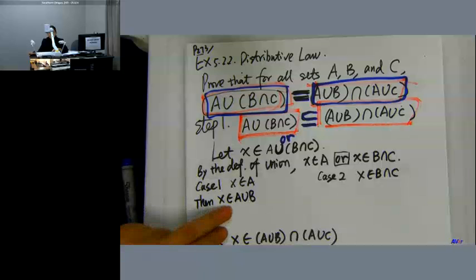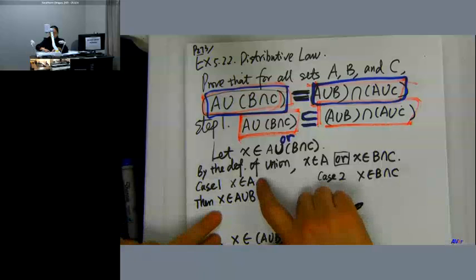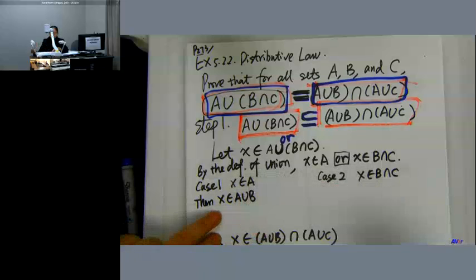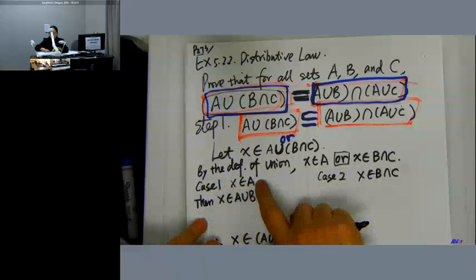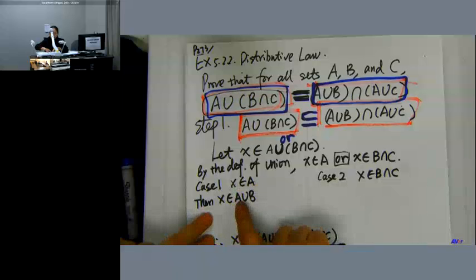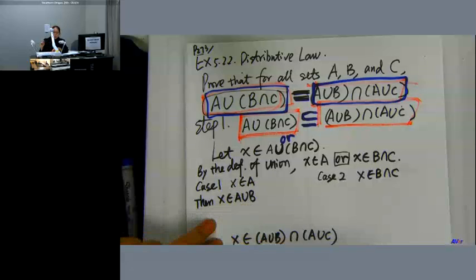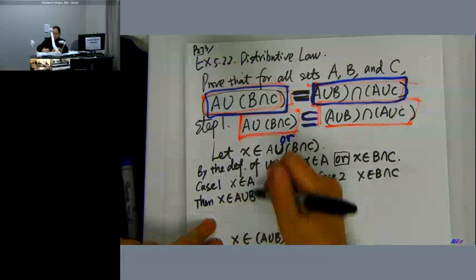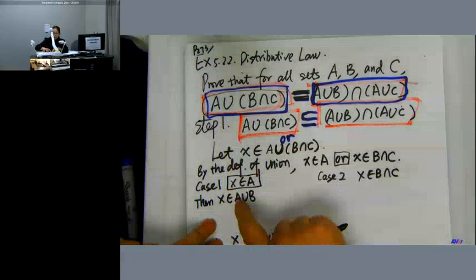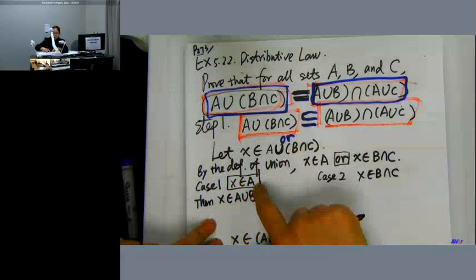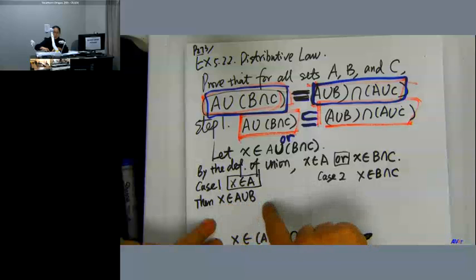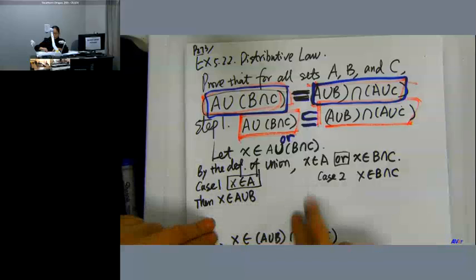Following from the case assumption, X is in A. That's the definition of union again. If X is in A or X is in B, then X is in the union, right? The case assumption says X is in A, so X is going to be in the union, right? Make sense? That's just definition.